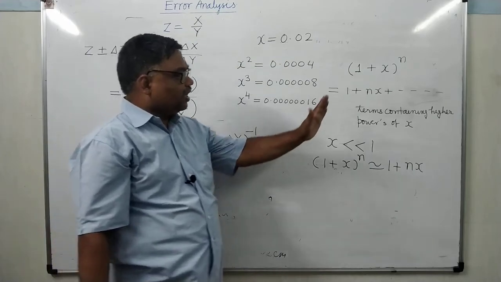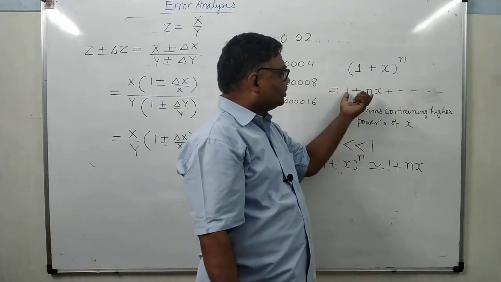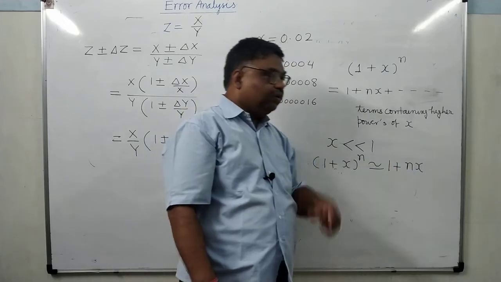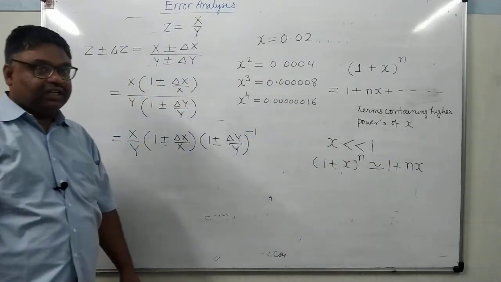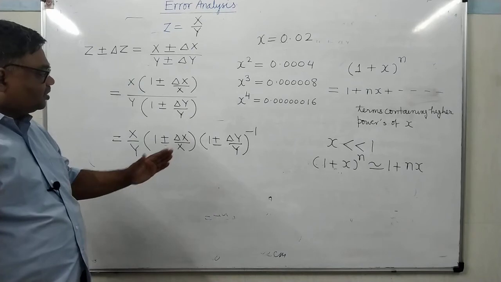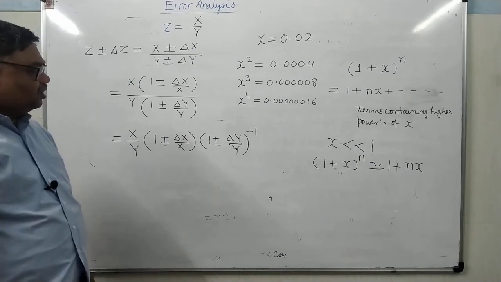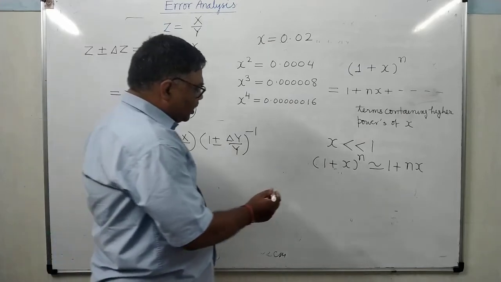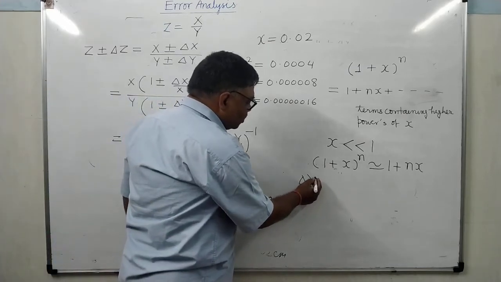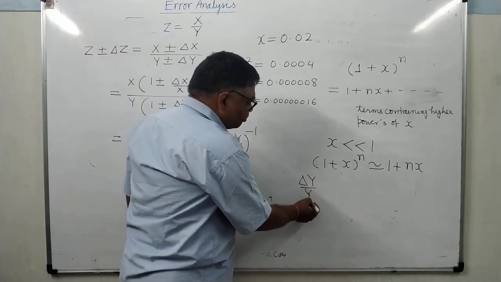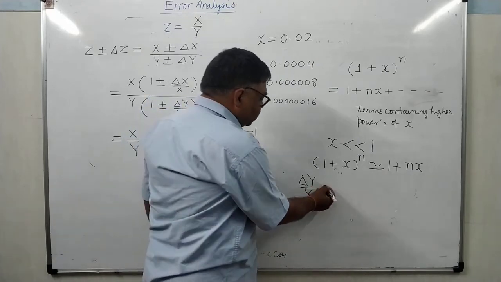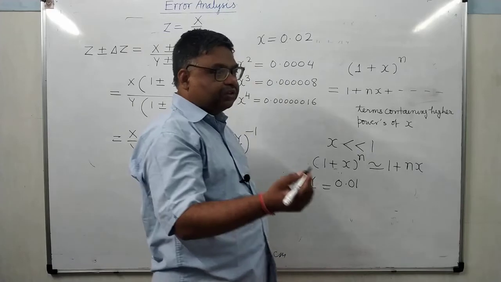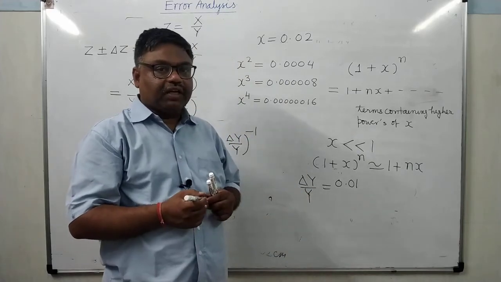And when you neglect these terms, when we write this expansion only up to 2 terms, its approximate value will be 1 plus nx. It's clear? Now you can see here, delta y upon y. Delta y is the absolute error. Suppose it is 0.01. Suppose we have measured some length with the help of vernier calipers.